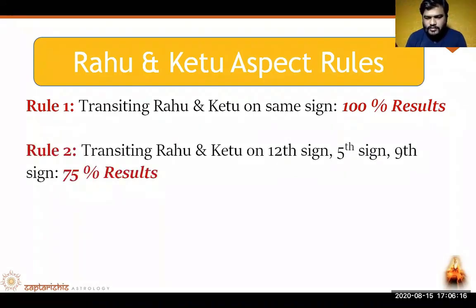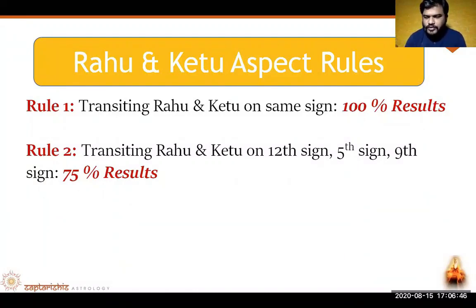The second rule is that whenever transiting Rahu and Ketu are on the 12th sign, 5th sign, or 9th sign, it will give 75% of the result. Suppose Rahu is in the third house, and whenever this Rahu transits to the second house, or the fifth house from the third house, or the ninth house, it will give 75% of the result.